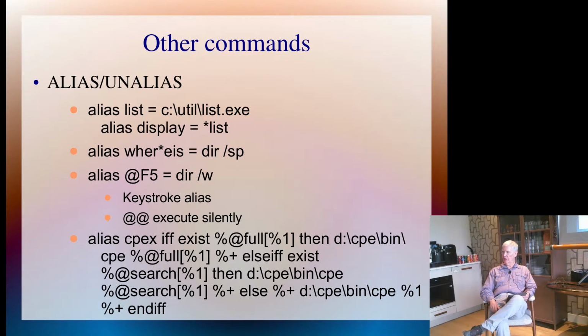It waits until you hit enter after you hit F5 if you put it in that way. If you put two ampersands, it does it automatically. So @F5 equals dir /w. You would hit F5 and you'd just get a wide directory listing of the current directory.